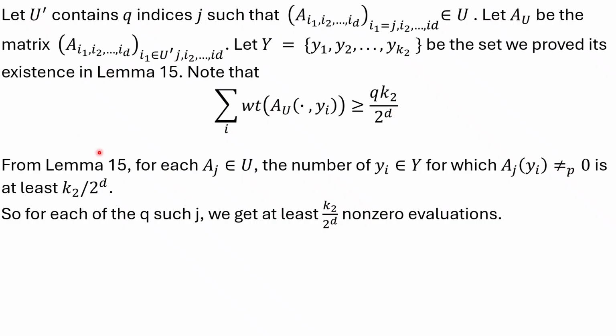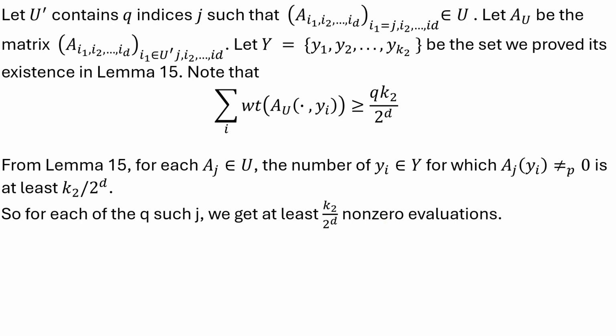From lemma 15, for each AJ that belongs to U, the number of Yi in Y for which AJ is not 0 is at least K2 divided by 2 to the power of D. So, for each of the Q such J, we get at least K2 divided by 2 to the power of D non-zero evaluations.